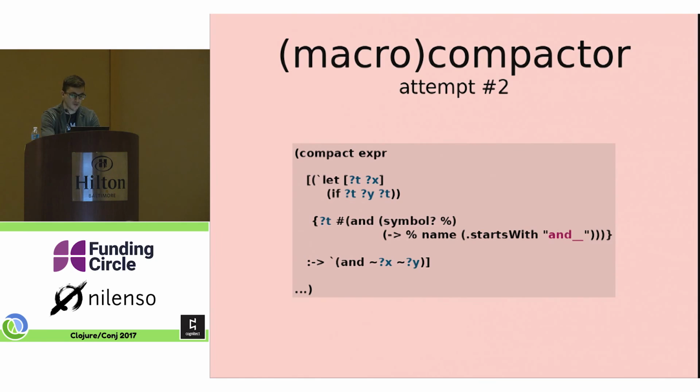And this is the compactor for the and macro. And what this is doing is saying if my expression starts with a let and then a t symbol that maps to an x initialized value, and if the children expression is an if statement in which those terms appear, and if t is a symbol that starts with and underscore underscore, then this is a good match for an and expression, and compact is going to replace this let if expression with the and expression.